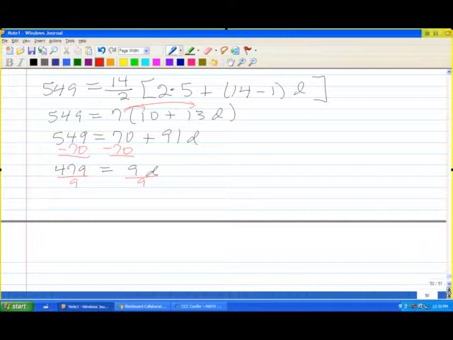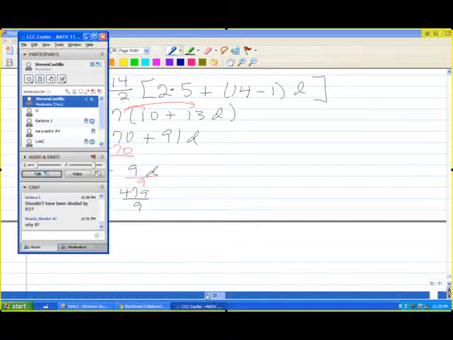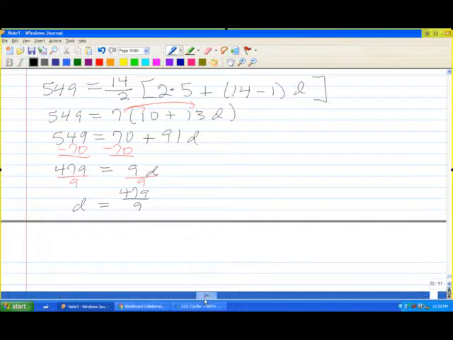And so D is equal to 479 over 9. Thank you, I'm blind. That would make life much easier if I actually divided by the correct thing.